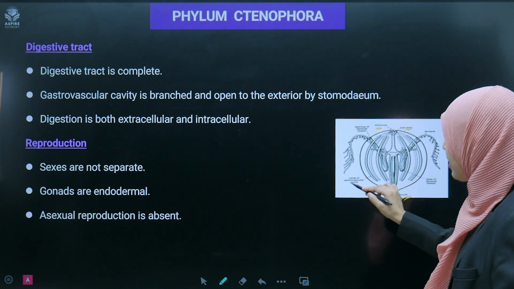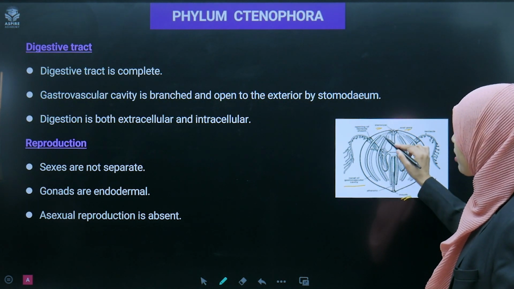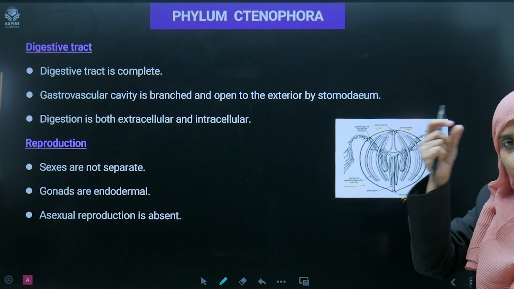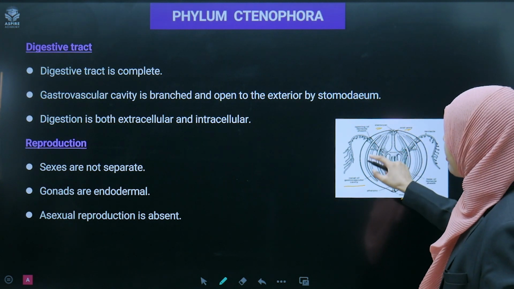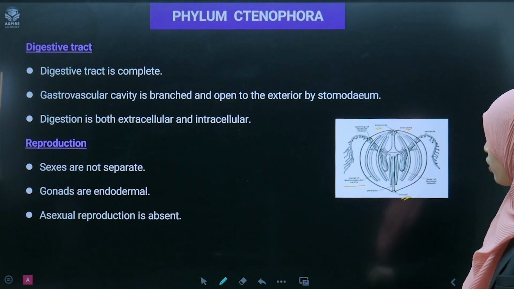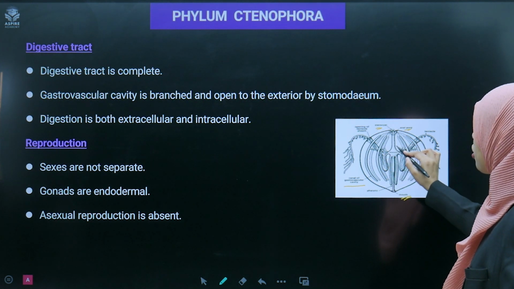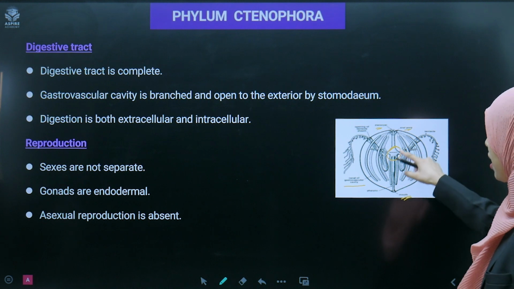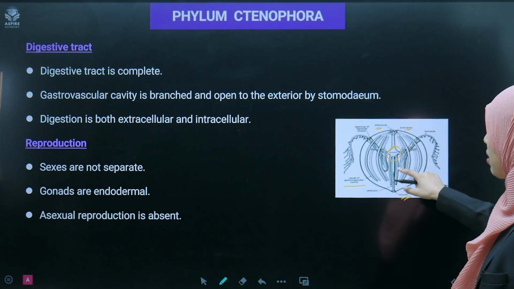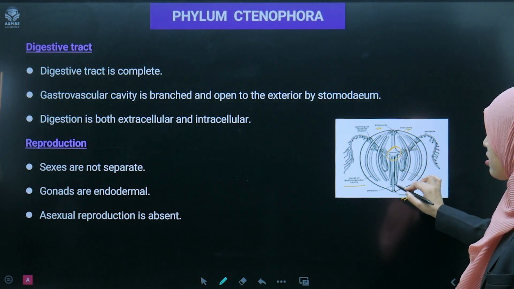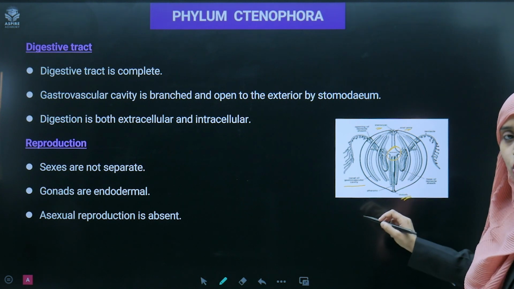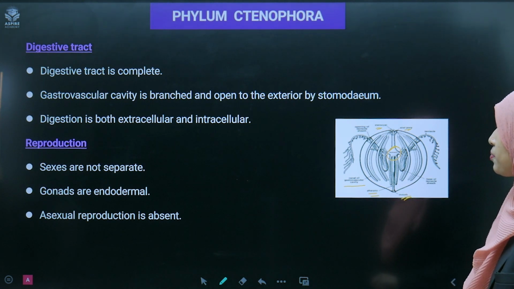Now, we can see canals of the gastrovascular cavity. यहाँ पे canals मतलब एक space है. That is known as the gastrovascular cavity. And this gastrovascular cavity is connected to the stomach, the central part. Stomach के एकदम last में आप देख रहे हो. The part which is near the mouth is the pharynx.